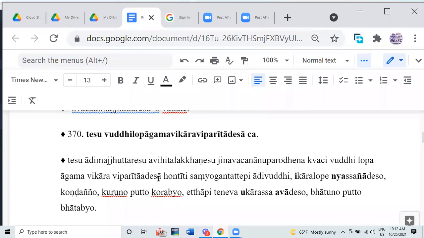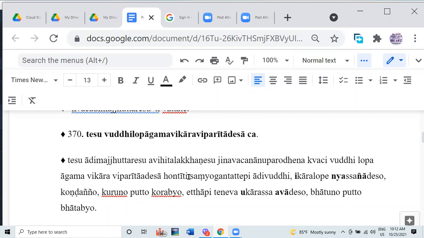So they need changing, the beginning letter needs changing. That's why they need suttas, because they need changing, to change these beginning, middle, and ending of some words. That's what Avihita Lakkhanesu means. You understand?